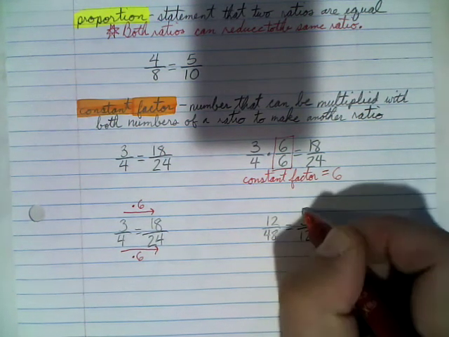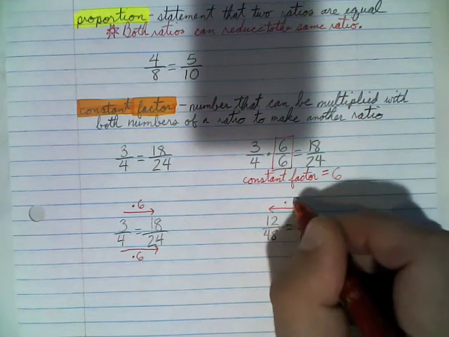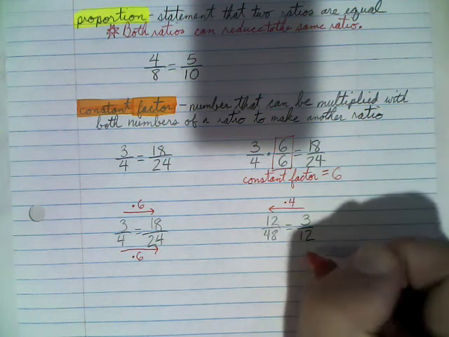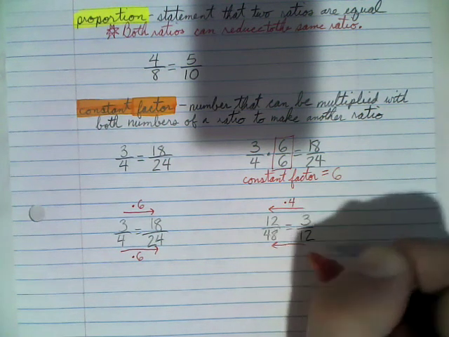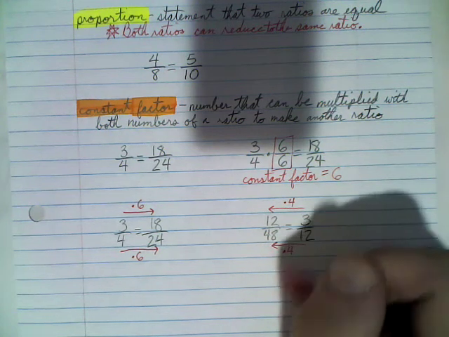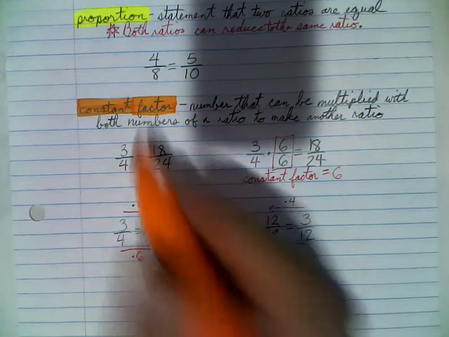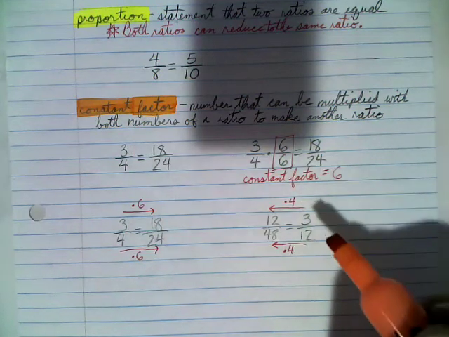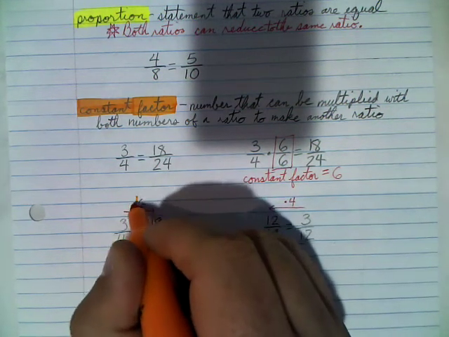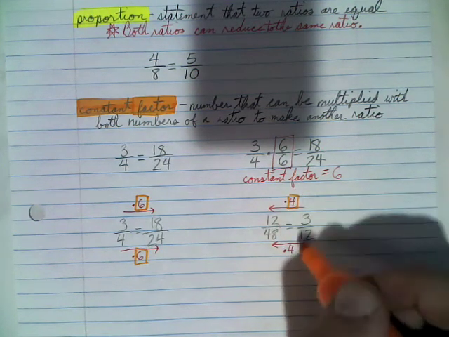In this case, I might choose to go the other way and say, okay, well, 3 times 4 is 12. And do we see the same thing here? Well, 12 times 4 is 48. So yeah, again, we have a constant factor here. So let's go ahead and take our orange highlighter, because we highlighted that in orange, and we're just going to put an orange box around these.